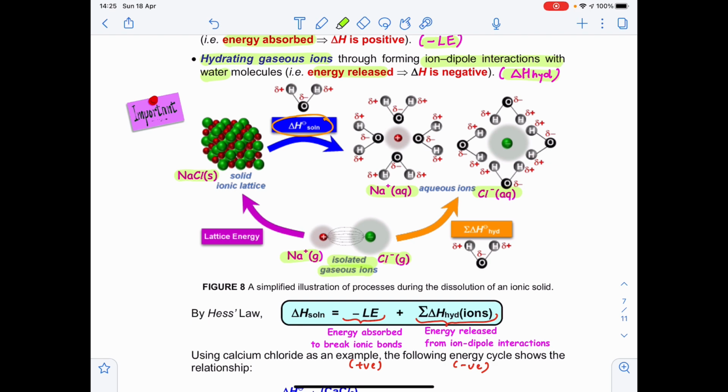This amount of energy is the lattice energy, as breaking of ionic bonds is the reverse of the lattice energy process. So you reverse the lattice energy to form gaseous cation and anion.